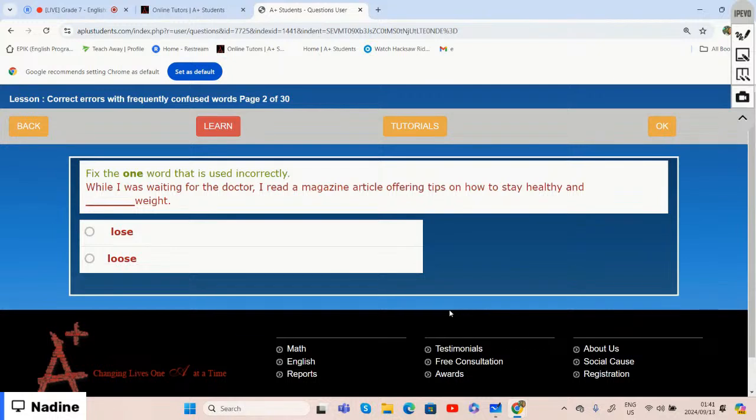All right. The same with lose and loose, right? We need to fix the one word that is used incorrectly. So we need to choose the correct word between lose and loose. While I was waiting for the doctor, I read a magazine article offering tips on how to stay healthy and lose weight. We now need to say which one is correct. Lose weight as in lose with one O, or is it loose with a double O?